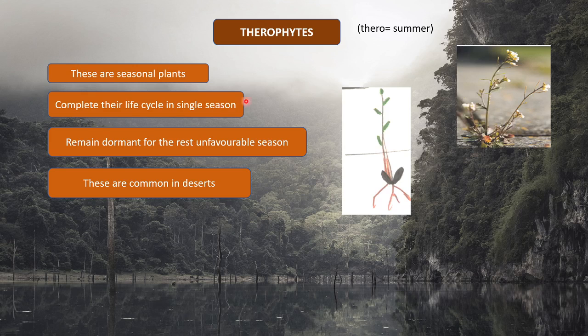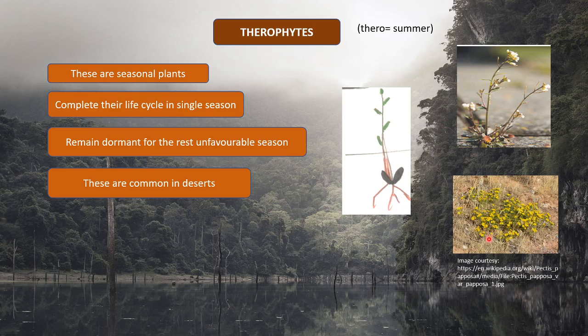There are these very small plants that you can sometimes observe coming out from a paved footpath. This is a plant called Arabidopsis thaliana, which is used extensively in molecular studies, but it is a therophyte.